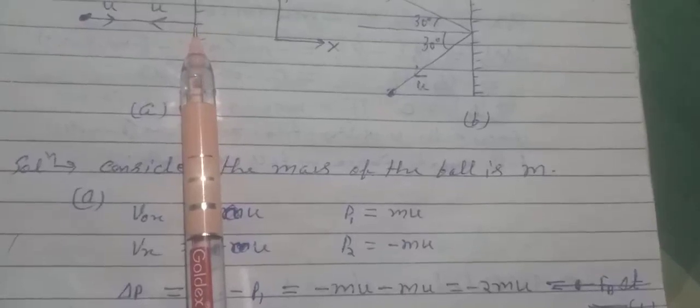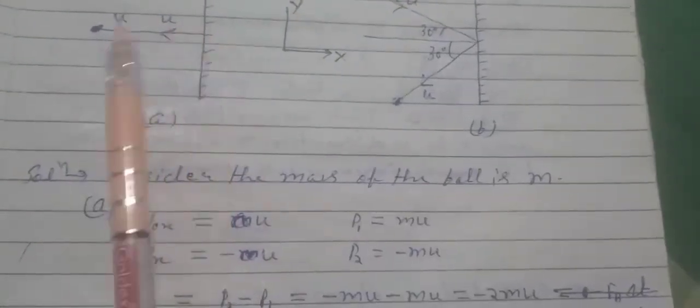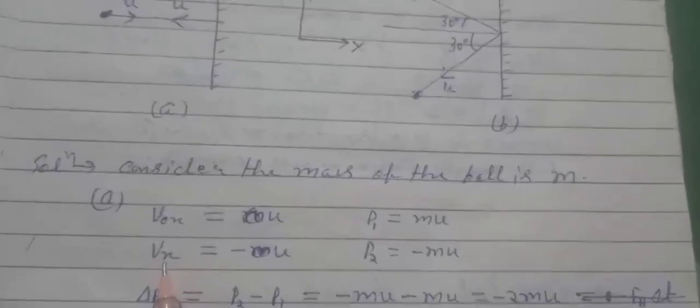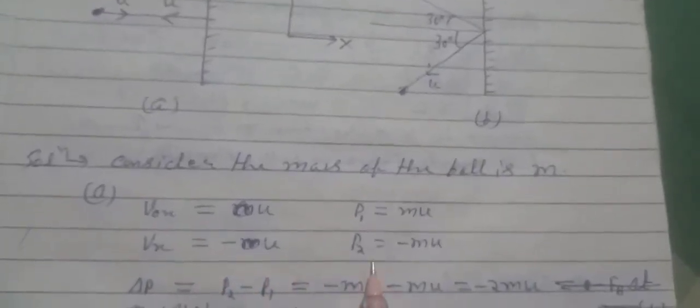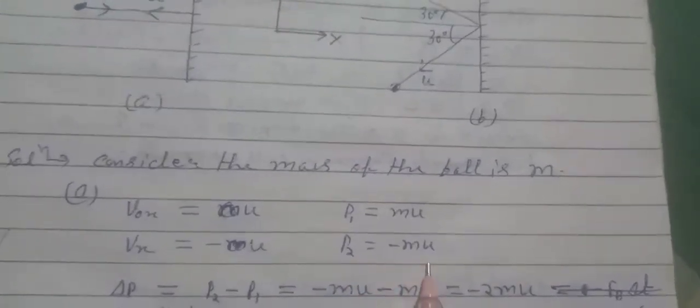So after rebound, the ball goes in this direction. If this velocity is positive then this velocity will be negative. So we are writing the final velocity Vx equals minus u. So P2, the final momentum, equals minus mu.